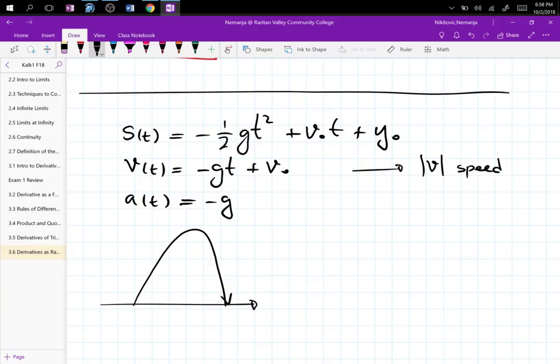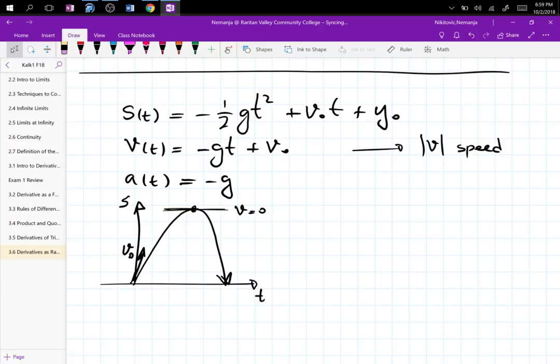All right. So you shoot something with initial velocity v0, and what happens at the top with the velocity? 0. You see, if this is my s, distance, the velocity at this point is equal to 0 because it's the derivative. It's the maximum point.